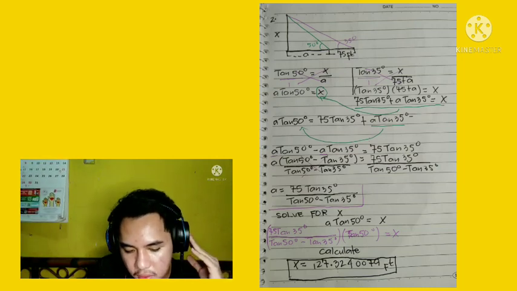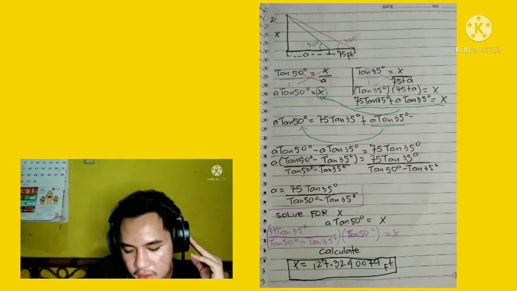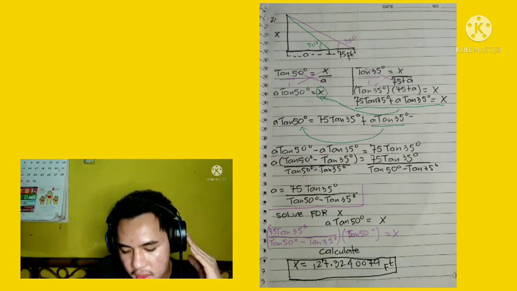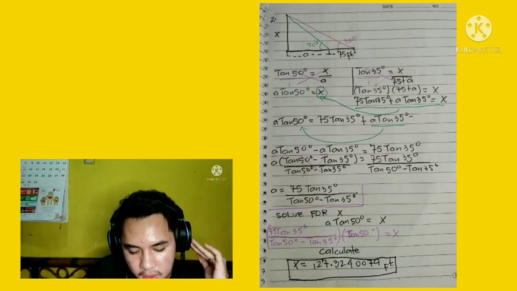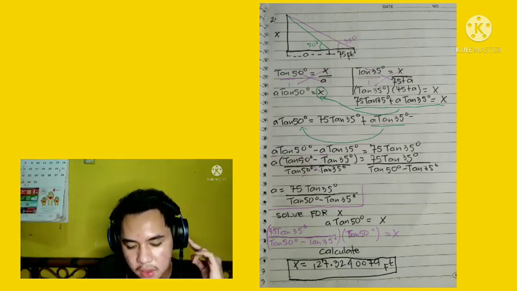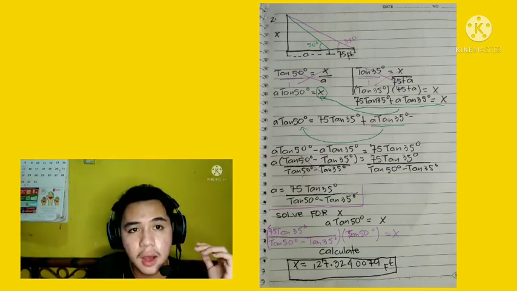So our a is equal to 75 tangent 35 degrees over tangent 50 degrees minus tangent 35 degrees, multiplied by our tangent 50 degrees, and equals x. So if we calculate this, we will get x equals 127.324049 feet, and this is the height of our pole.